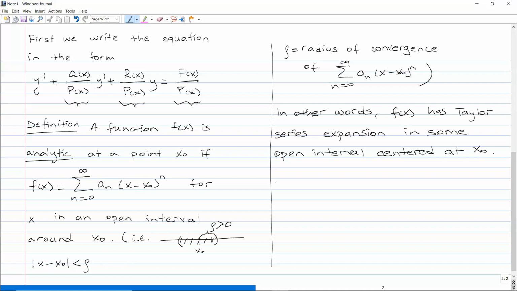Okay, so another definition. In order to write a Taylor series expansion of our solution, we need the coefficient functions to be analytic at the point x0 so that we can attempt to find the power series solution.